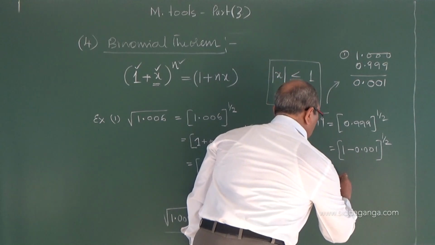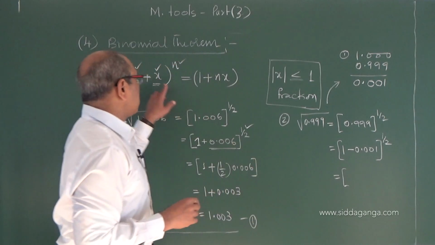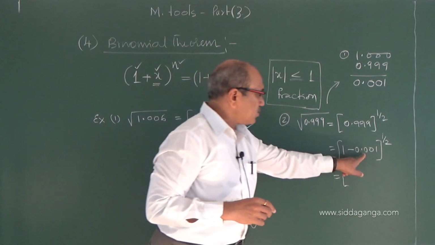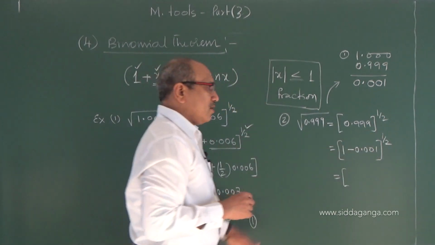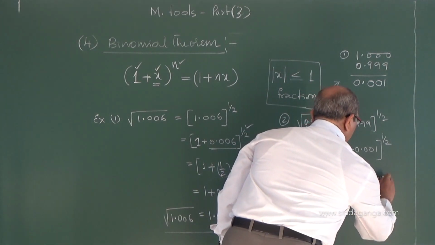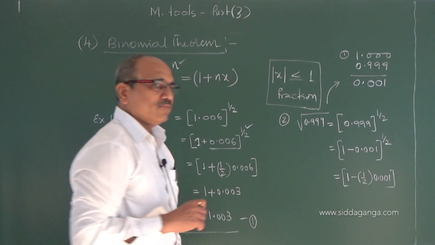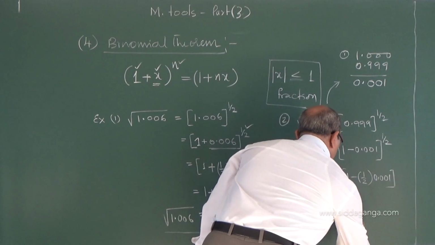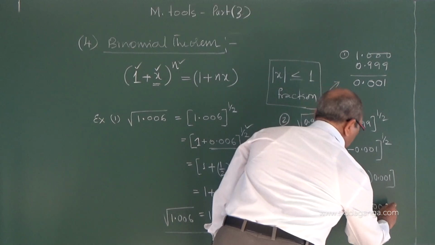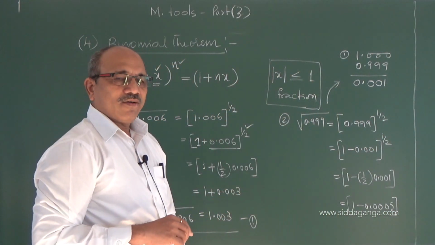What happens to this value? I told you the term may be plus or minus. We have 1, and in place of x we have a fraction, and the power is half. So this is 1 minus half into 0.001, which is 1 minus 0.0005. What is the answer?